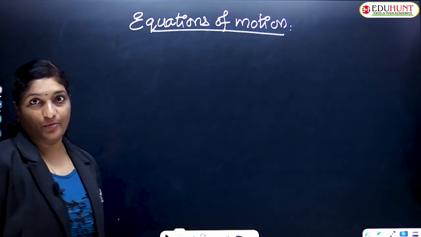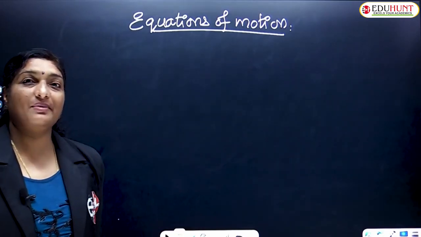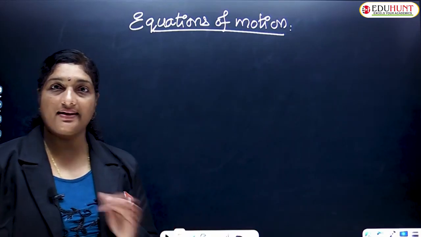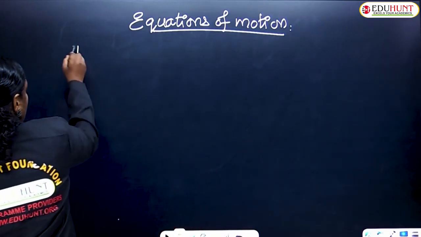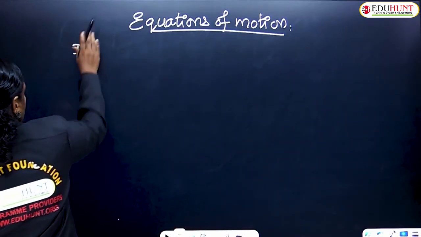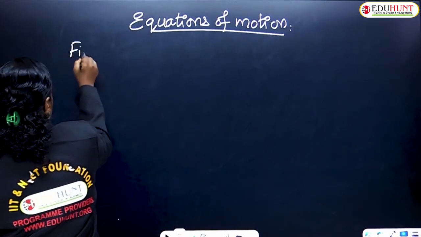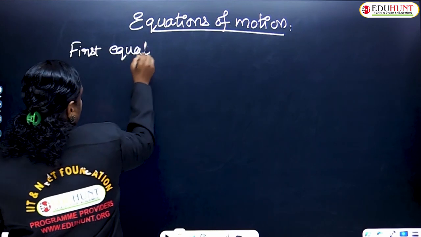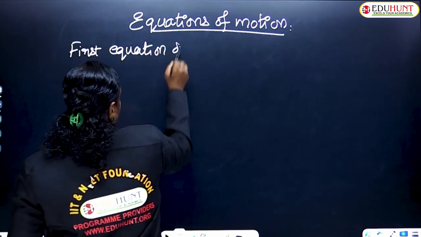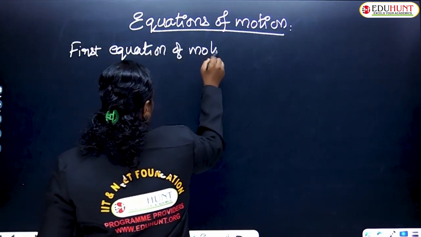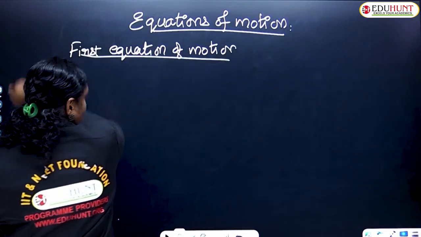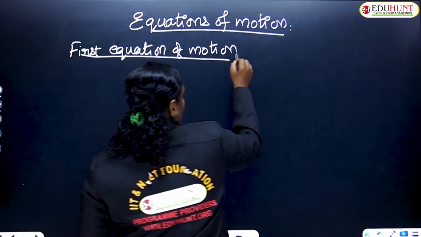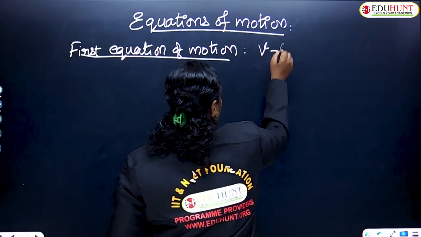The first equation of motion gives us the relation between velocity and time.